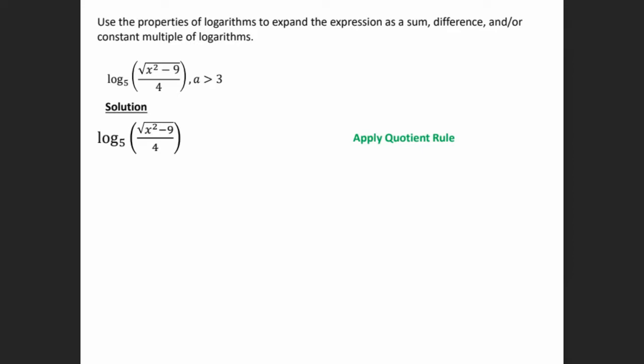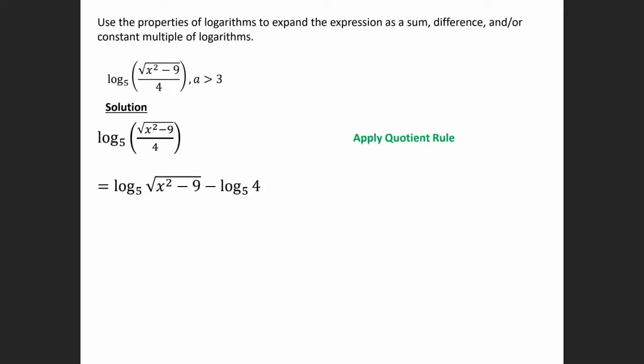This is a problem that you'll see maybe on a homework or a test. It says use properties of logs to expand the expression as sums, differences, and or constant multiples of logs. So I have log base 5 of the square root of x squared minus 9, divided by 4. Let's do it. First, I'm going to apply my quotient rule: when I have a log of the same base where the inputs are being divided, I can do two logs.